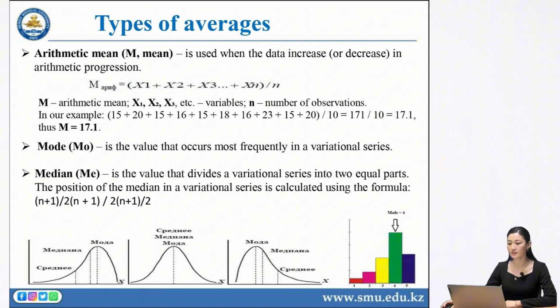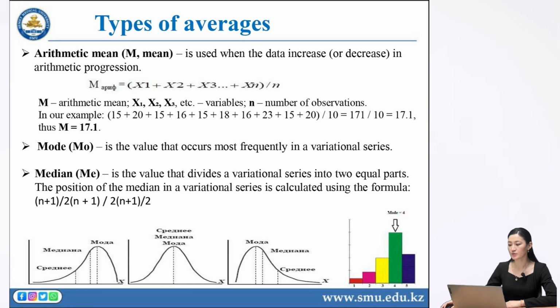For example, 15 plus 20 plus 15 plus 16 plus 15 plus 18 plus 16 plus 23 plus 15 plus 20, and we will divide it by 10, equal to 171 divided by 10 equal to 17.1. So the mean equals 17.1.